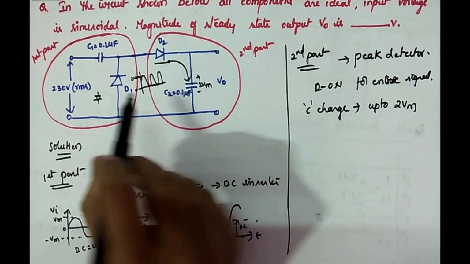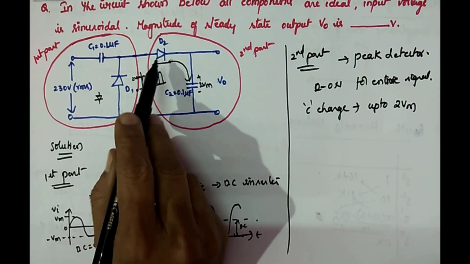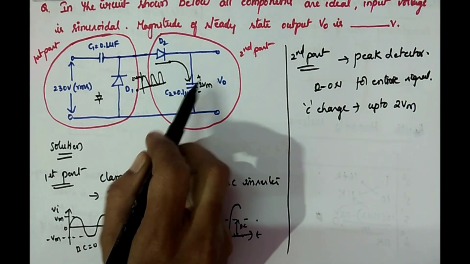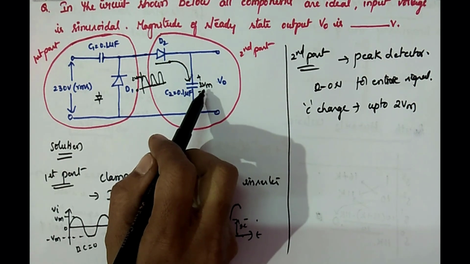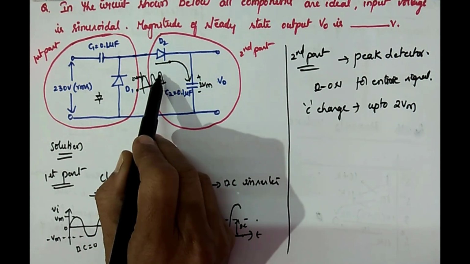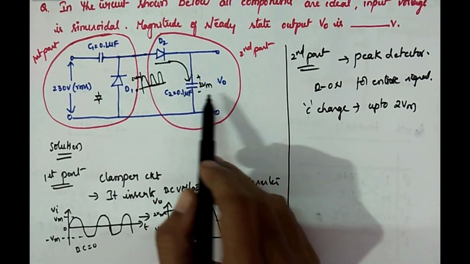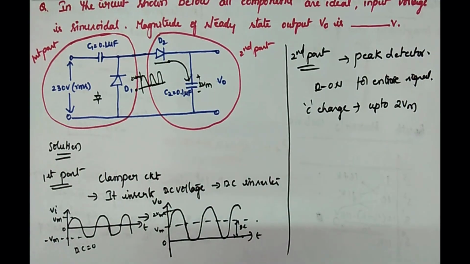Take the first cycle. For the first cycle the diode is on and the capacitor charges to 2 Vm. Even for the next cycles, as the voltage is positive, the diode is always on and acts as short, so the capacitor won't discharge.